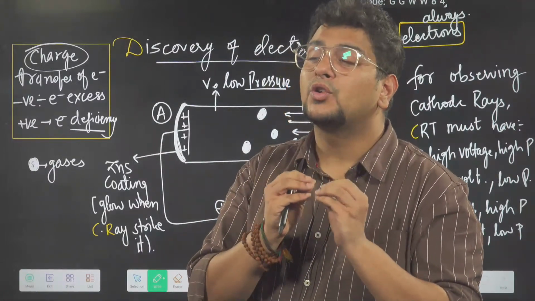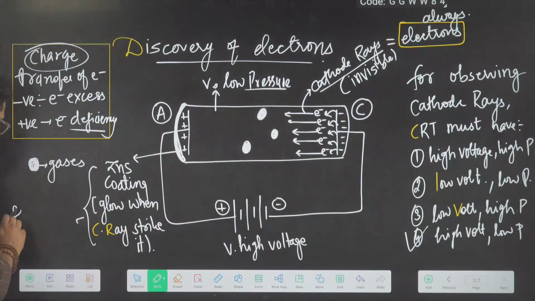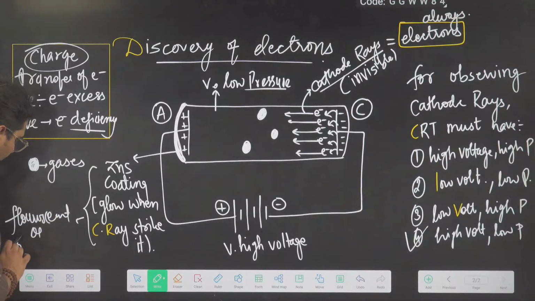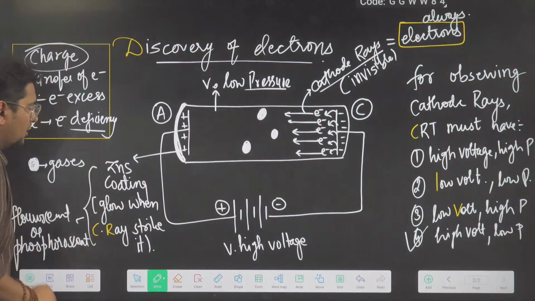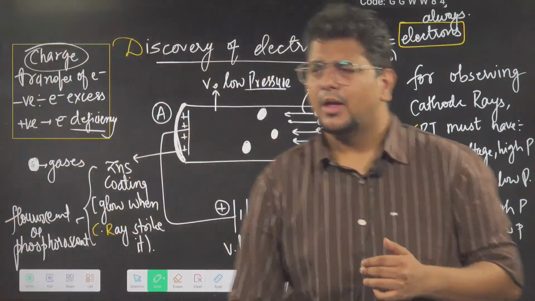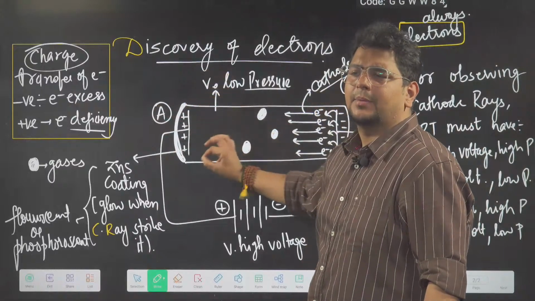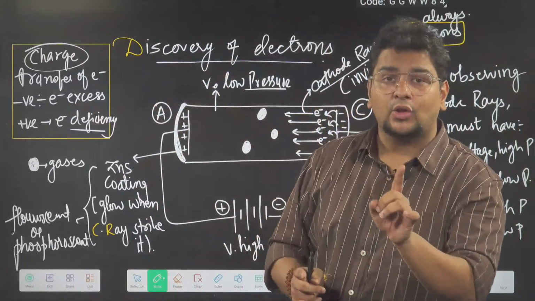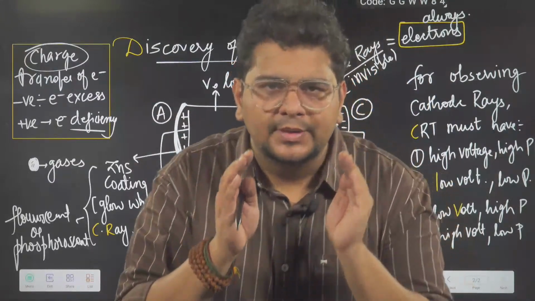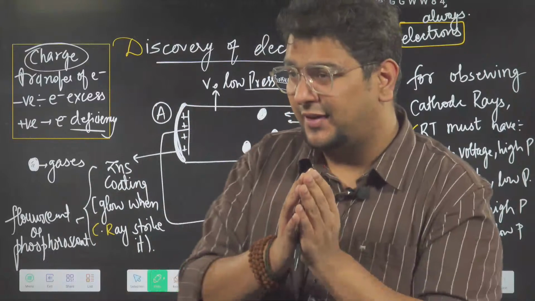Those are called phosphorescent or fluorescent material. So as soon as the cathode ray reaches there and strikes, you will get the glow. So you will realize that the cathode ray came. Even though cathode rays are invisible, we can observe them by using a coating of zinc sulfide.